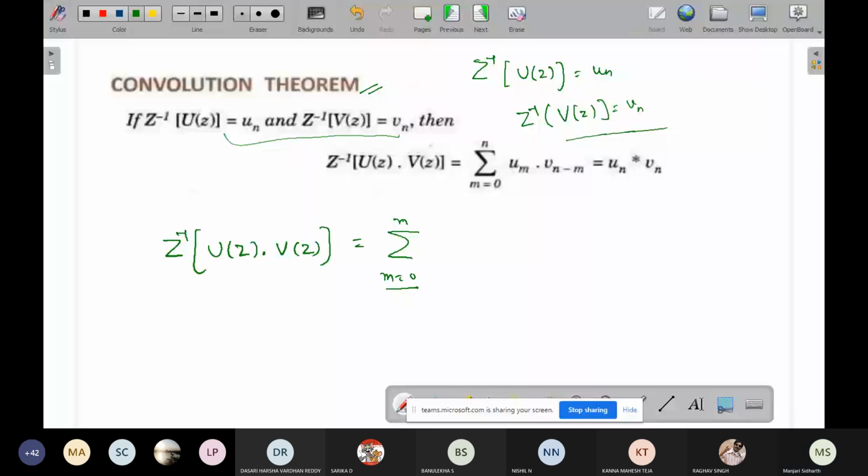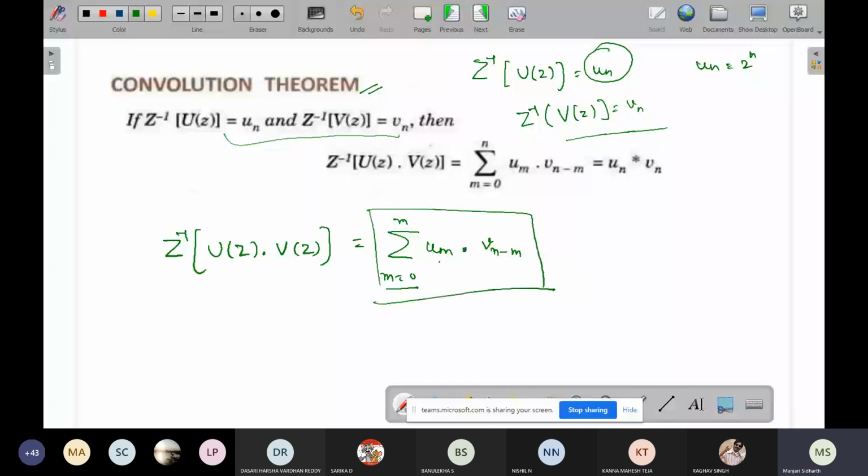So if u_n is given as 2 power n, use 2 power n here, and v of n minus m. If you are finding this summation, that will be denoted as u_n star v_n.